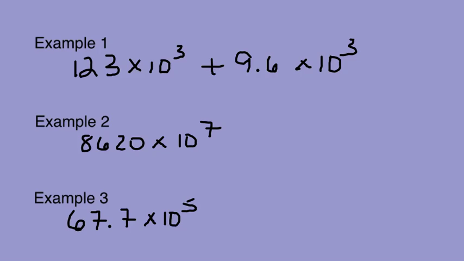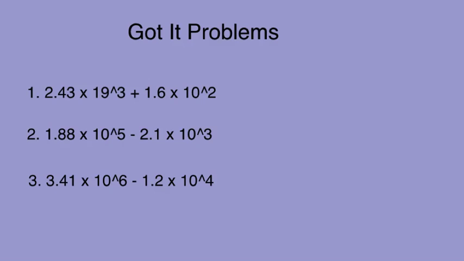So when you get done, you're going to end up with quite a few numbers, but then convert it back into correct scientific notation. So I've given you some hints where to start, and then we'll check these tomorrow to make sure that you got the correct answers.